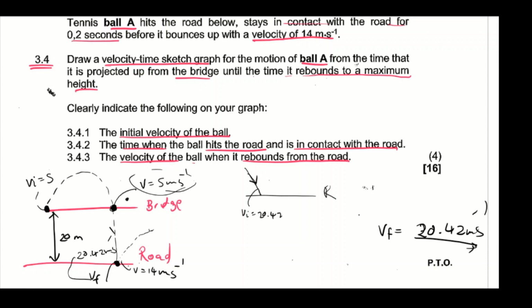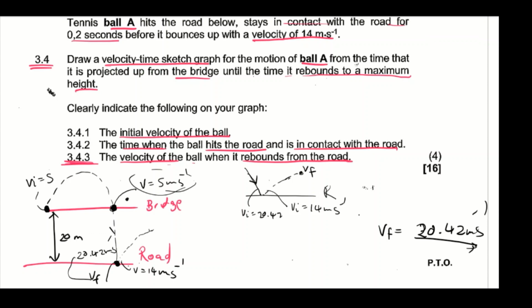Then it bounced, and immediately after bouncing, the velocity is 14 meters per second. The reason I want us to find the v final is because of this last statement in 3.4.3, where it says we must indicate the velocity of the ball when it rebounds from the road.